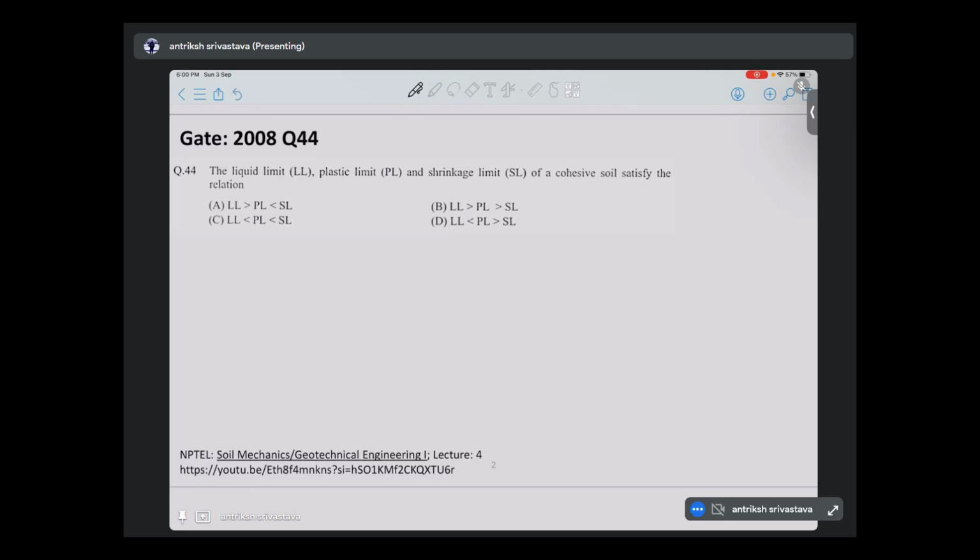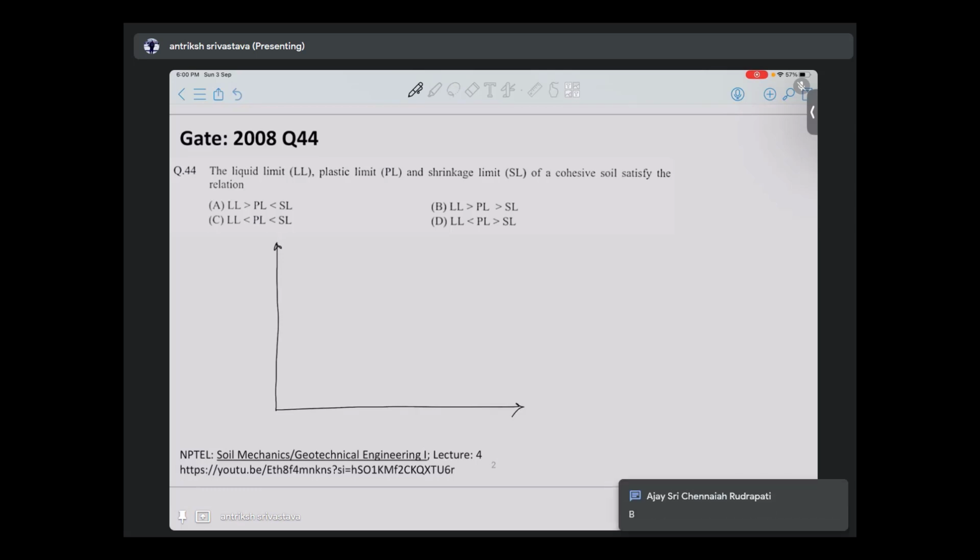For this, let us try to recall the diagram of volume and water content. We all would have seen this diagram. So this is volume and this is water content in percentage.